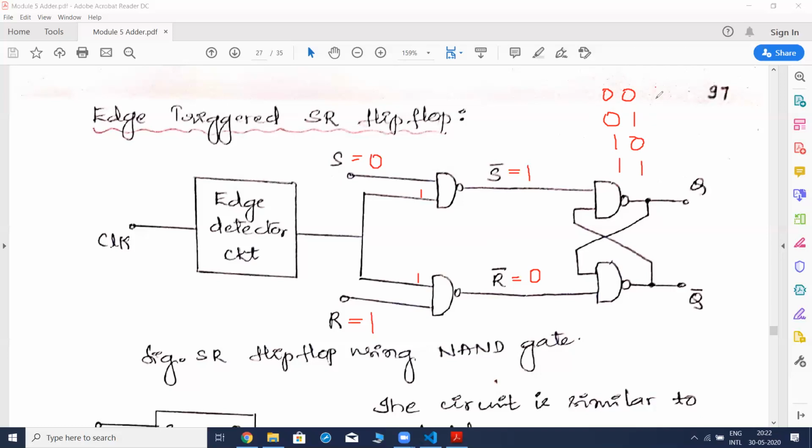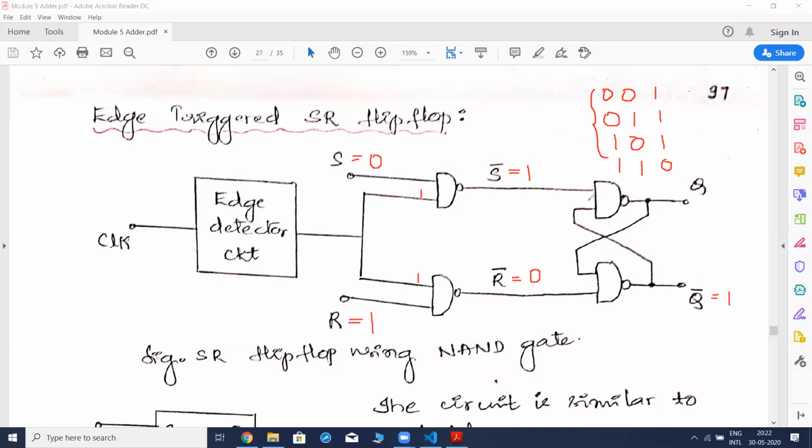What is the output of the NAND gate? For the first three combinations it is 1, for the last combination it is 0. Now we need to start the analysis from 0. Here we have a 0, so irrespective of the other input, we'll get the output as 1. Here we'll get Q bar as 1.